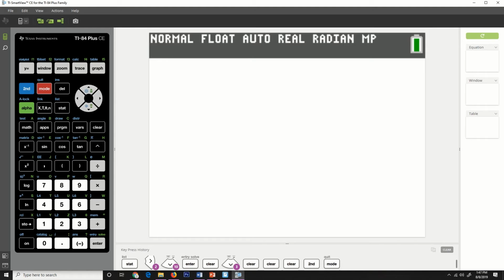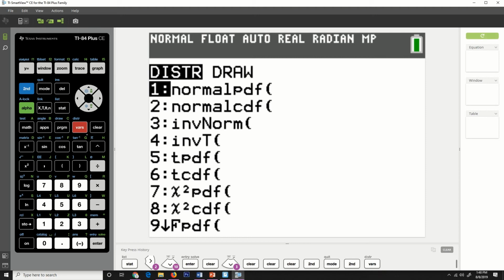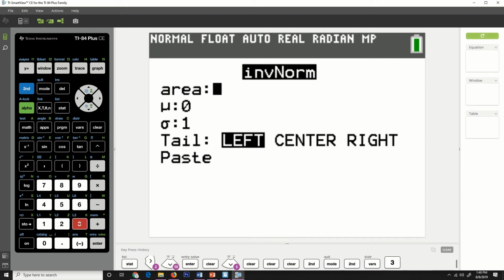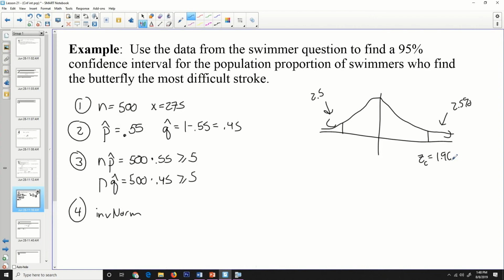on your calculator. The inverse norm is in the distribution menu. So second, hit the vars button, and inverse norm is 3. If we want to find the area to the left, and if you're doing a TI-83 you have to do it this way, then if the area in this tail is 2.5%, what's left is 97.5%.